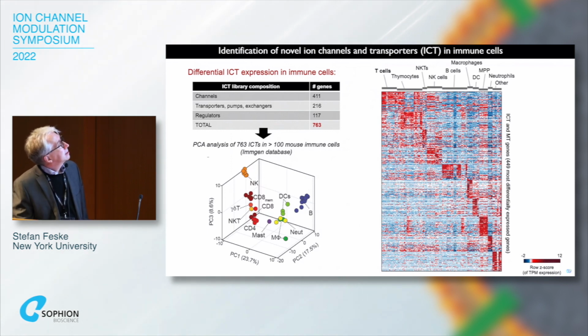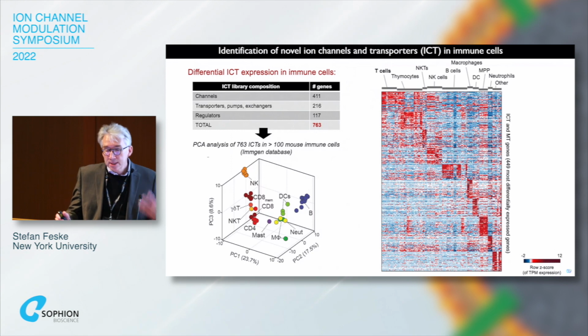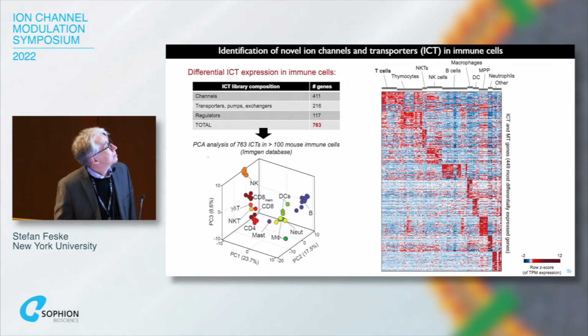And you can see immediately that T cells up here express other ion channels than, for instance, B cells down here, or dendritic cells, or NK cells. And I think that is interesting. Obviously, you can't be deceived by expression, because expression doesn't mean function, but it's a hint.